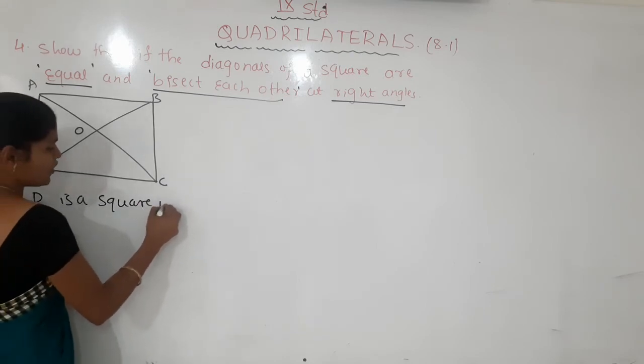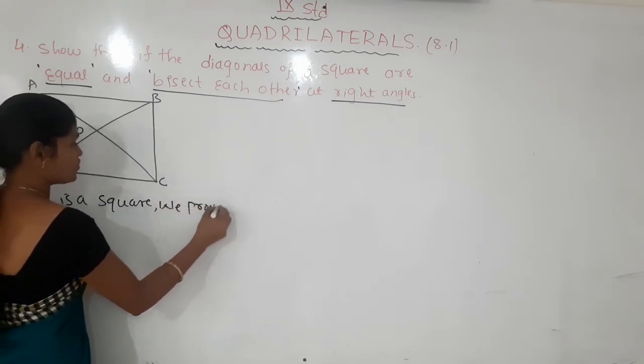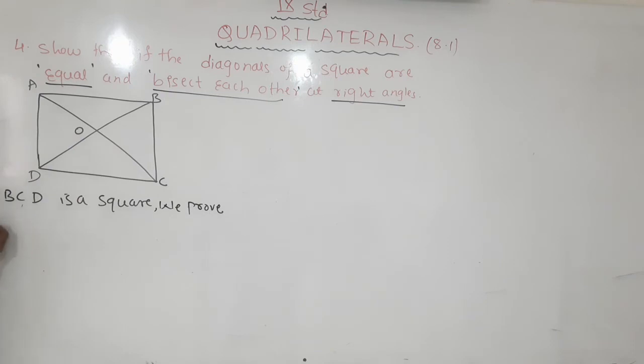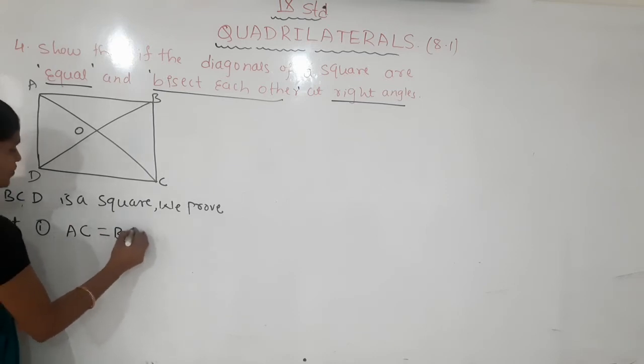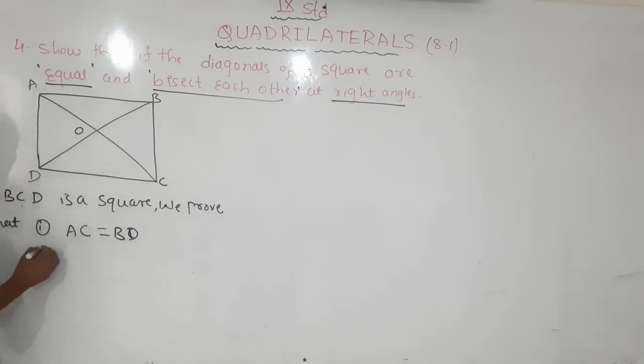Now we prove that. What do we have to prove here? The first thing is that the diagonals are equal, AC equal to BD. And what is the second thing here?